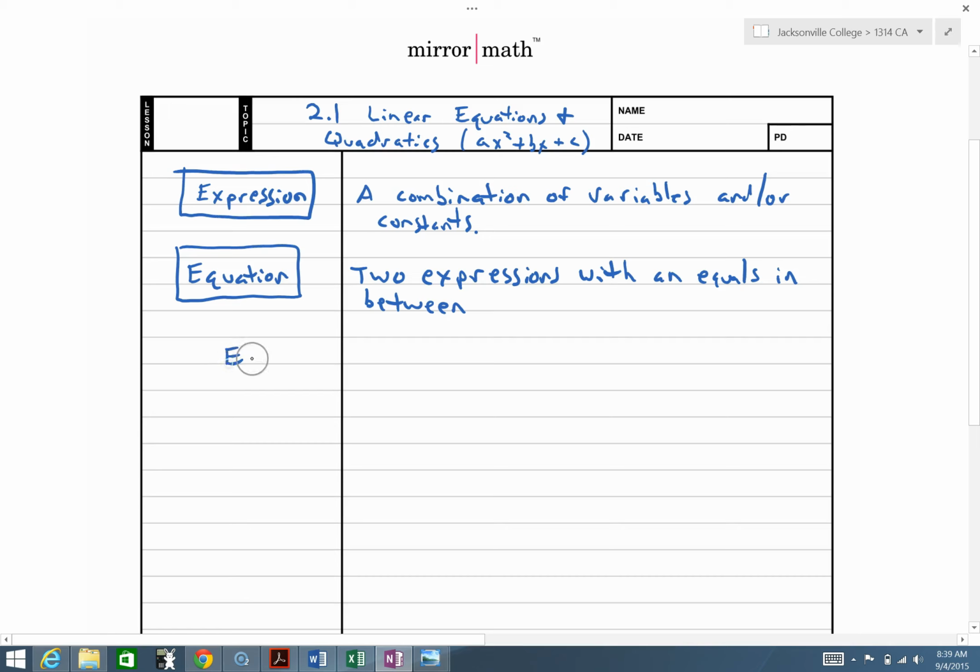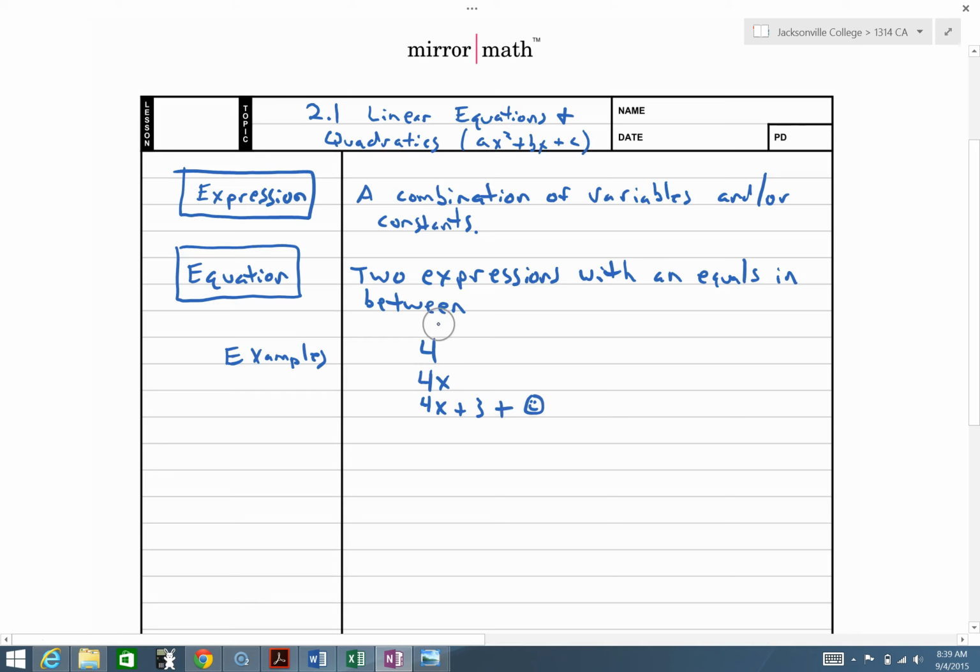Examples of these two. Just the number 4 by itself, or 4x, or 4x plus 3 plus smiley face.